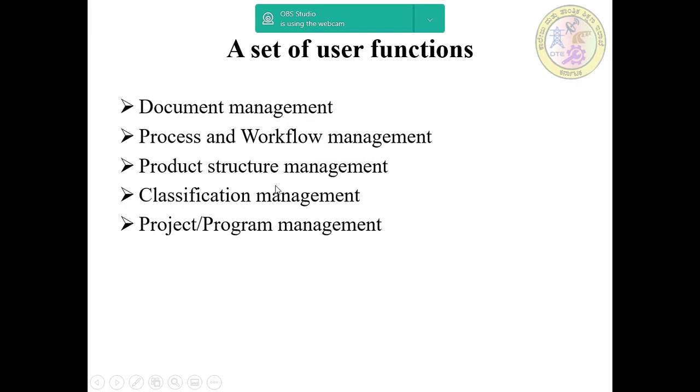We'll discuss one by one. First we'll take document management. Here document management together with electronic data vault ensures that the product data is correct and up to date, protected from simultaneous modifications by several users.